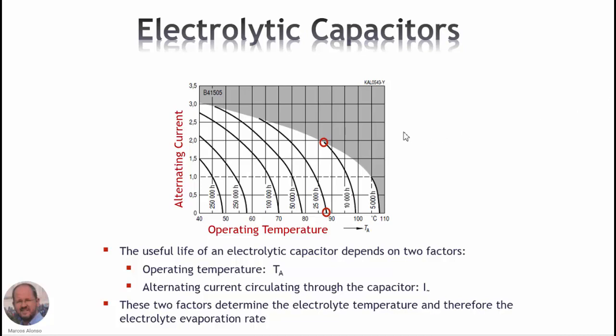So these are the typical lifetime characteristics of an electrolytic capacitor, where we have the values of the lifetimes as a function of the operating temperature and as a function of the alternating current. So the higher the alternating current, as we can see, the lower the lifetime, and also the higher the operating temperature, the lower the lifetime of the capacitor.